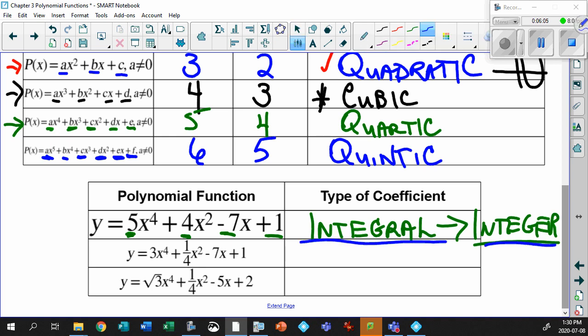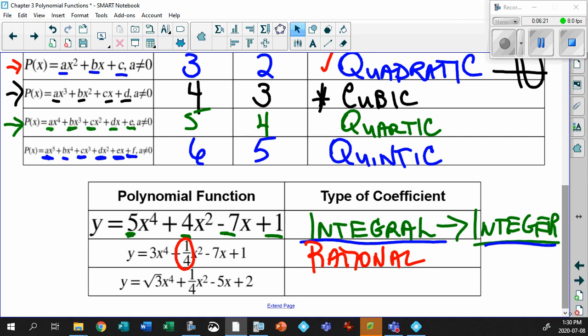Look at this one. This one has got a fraction in it. Well, guess what? The type of coefficients, that's rational. And then finally, look at this one over here.